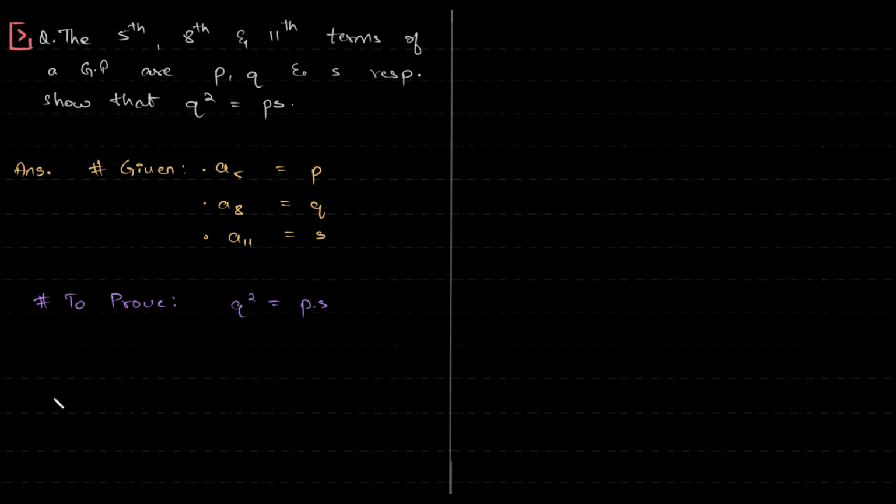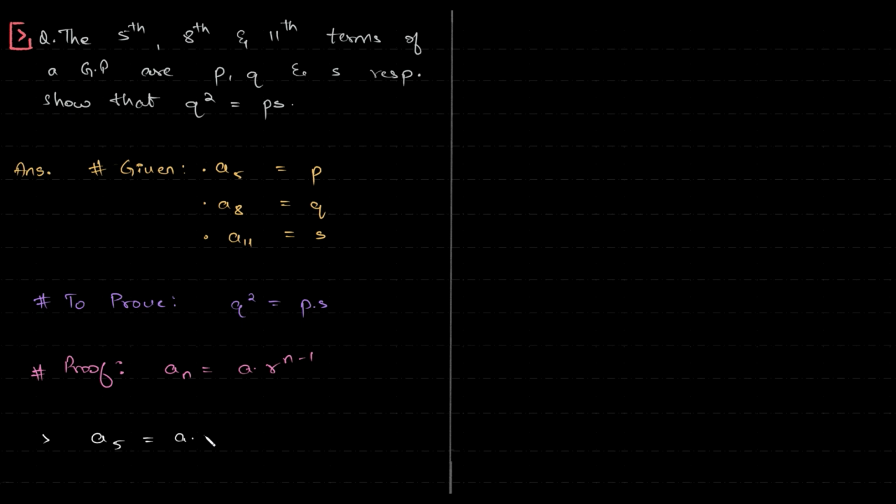So the very first thing that we need to do with the working of the proof is writing the formula. An is equal to A into R to the power of n minus 1. Now let's substitute. Whether we are able to solve it or not, we'll see that later. At least we'll be able to substitute what we know.